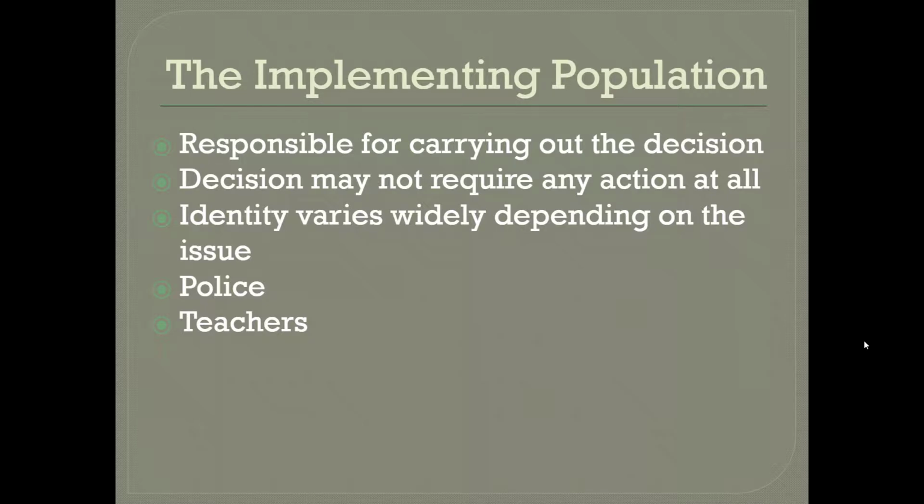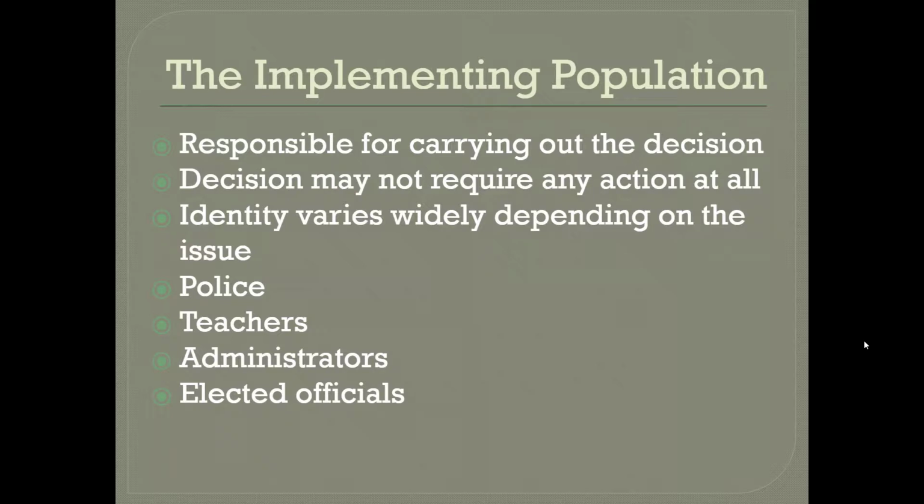The Supreme Court said in the 1960s that you couldn't have school prayer, and yet some teachers nevertheless continued to pray in their classrooms. And there are other decisions that affect things that go on in the classroom, and so of course teachers or school administrators would be part of the implementing population in those kinds of cases. Administrators generally, of course, that's a general term.